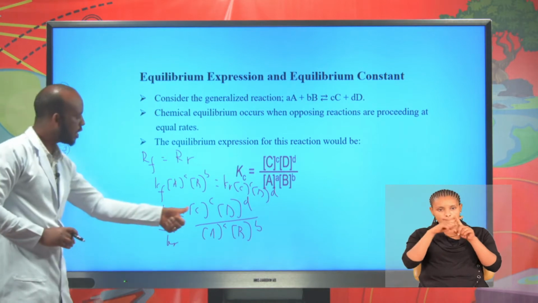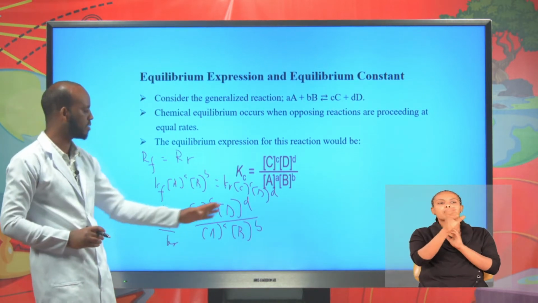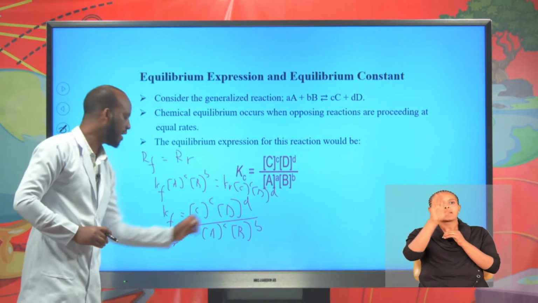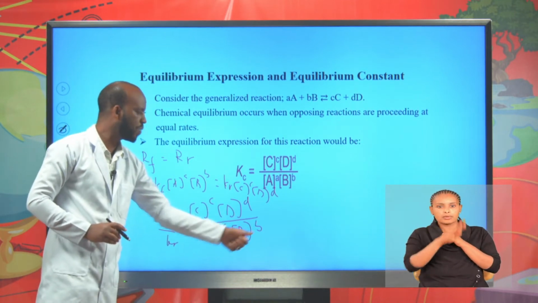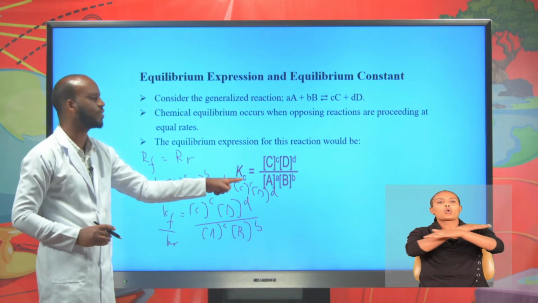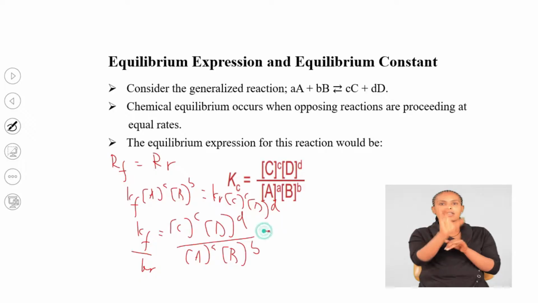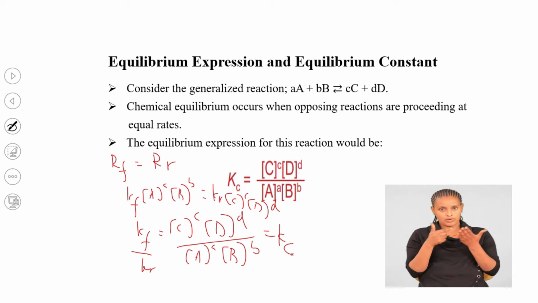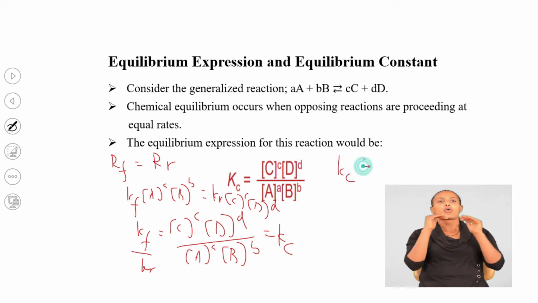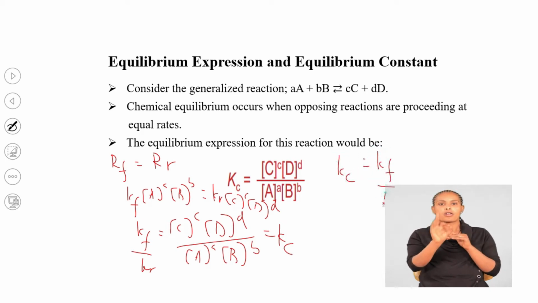But concentration of C raised to c times concentration of D to the power of d divided by concentration of A to the power of a times concentration of B raised to b is the equilibrium constant Kc. Therefore, Kc equals K forward divided by K reverse.